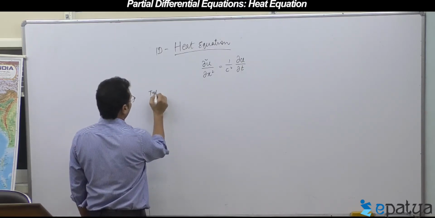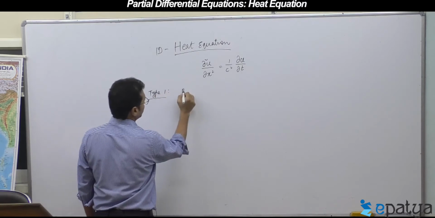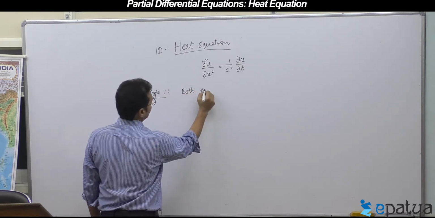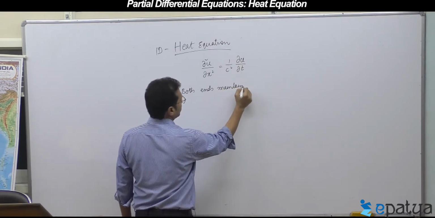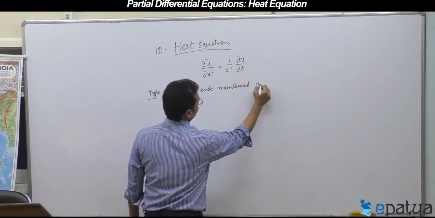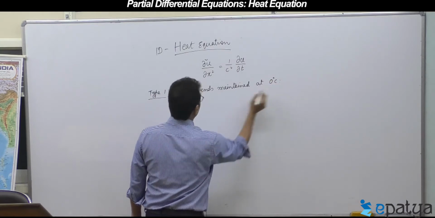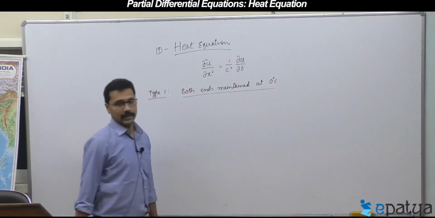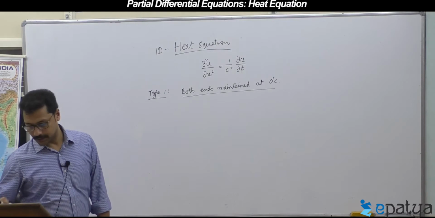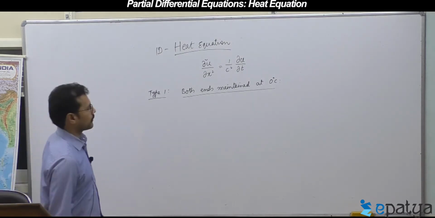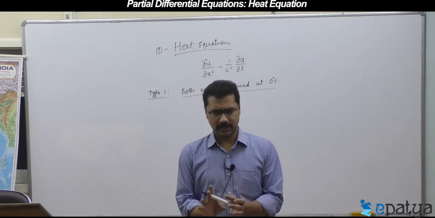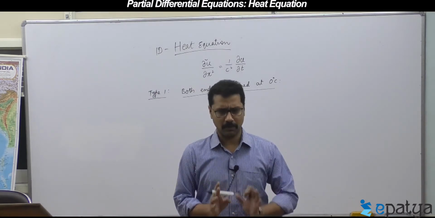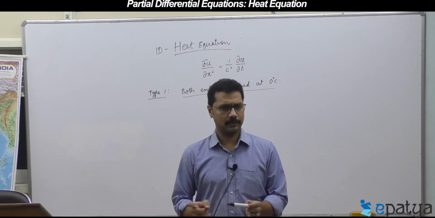Type 1: both ends maintained at 0 degrees centigrade. There is already some temperature distribution f of x inside, but from now onwards I will maintain 0 here, 0 here.